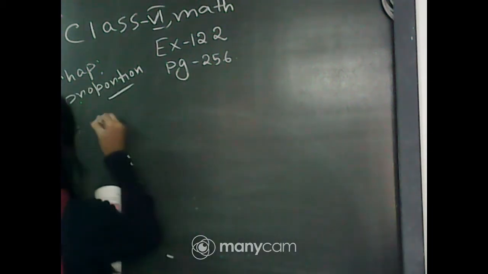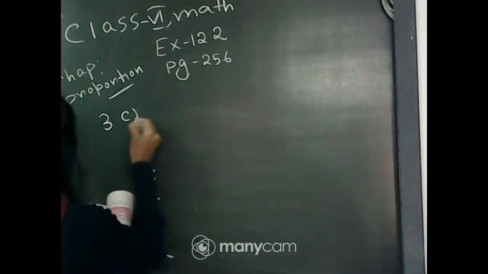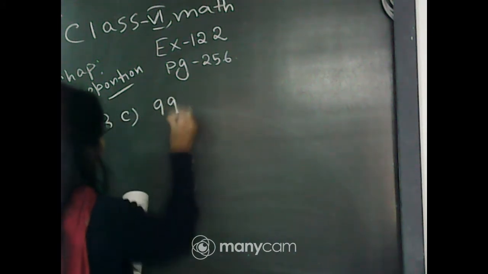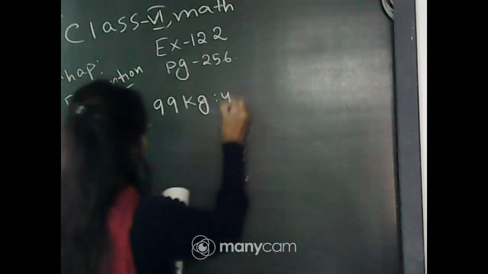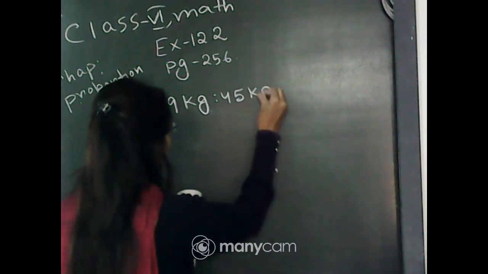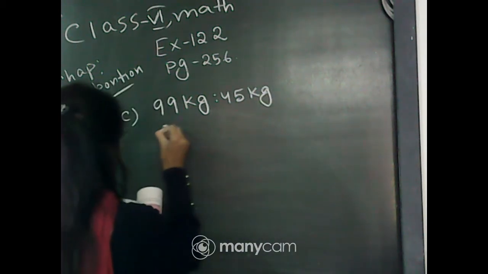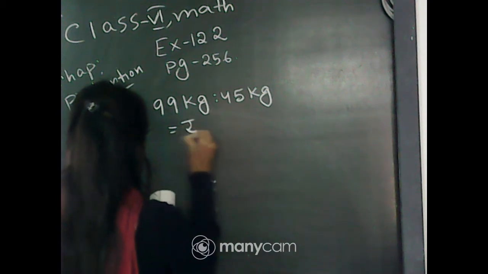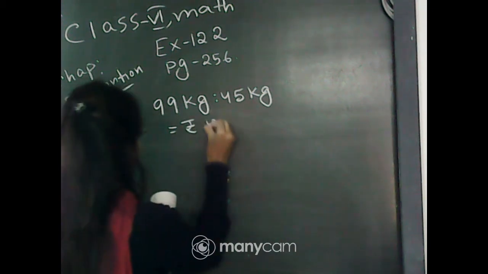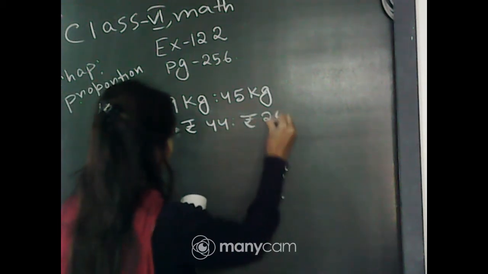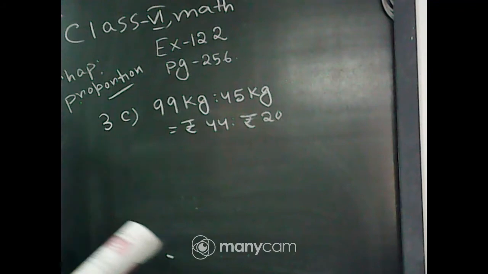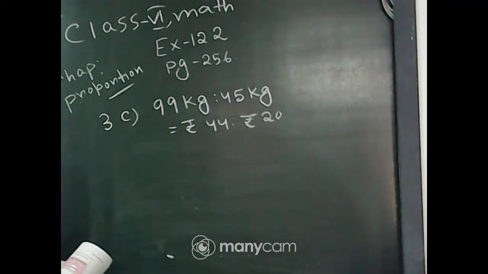Here the given statement is 99 kg is to 45 kg is equal to rupees 44 is to rupees 20.